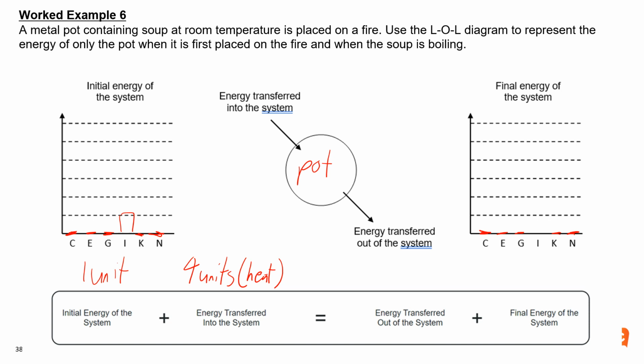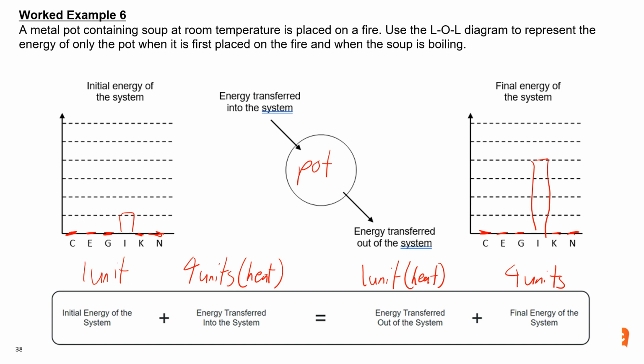Perhaps as it is getting closer and closer to boiling, it is also going to be losing energy out of the system to the surrounding air by heat. So maybe I can say that it loses 1 unit, again by heating. That means our final energy is 4 units, and we can represent it using a bar here that has 4 units.